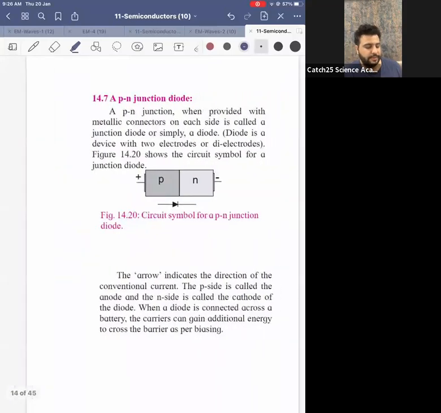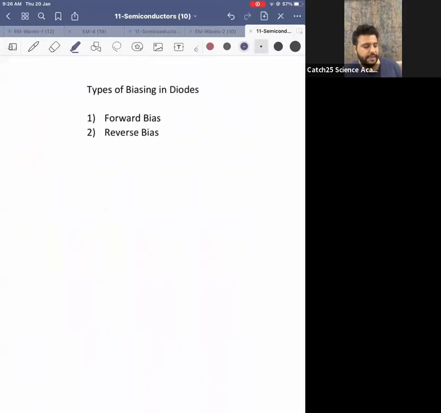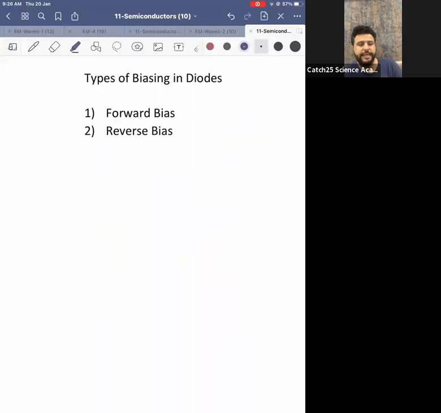Next, write down. There are two types of biasing in diodes. Look at the screen. Which are the two types? One is called forward bias.